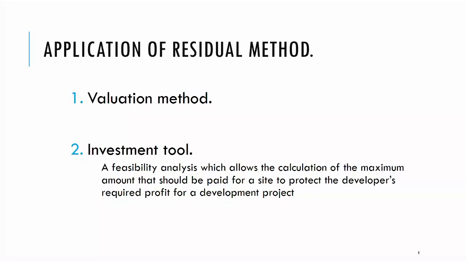Right. You are a developer. You are very keen to do, for example, a residential apartment. And you are looking for the land. You have a plan, you have experience, you have finance. You know that there's a good demand for 3-bedroom luxurious plus 2-bedroom luxurious residential apartments in the city.